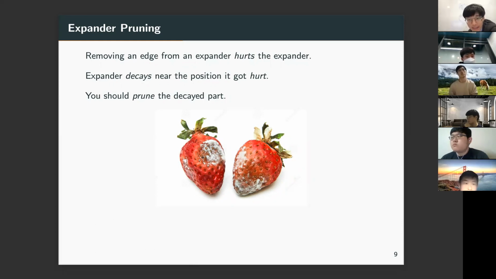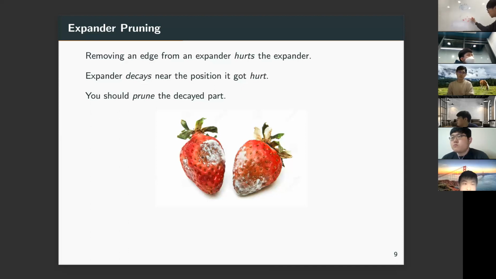If you have an expander and you remove an edge here, then this part is getting hurt, and that part you have to prune.